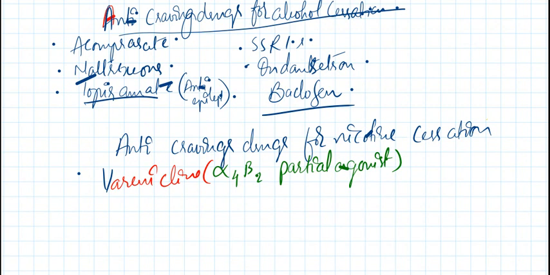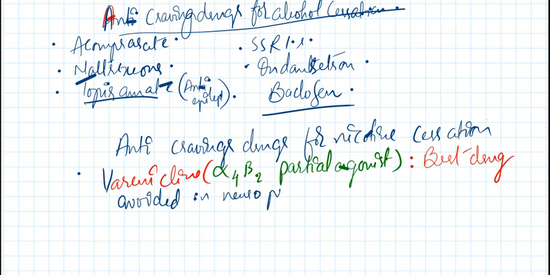Now for smoking cessation, varenicline is the best drug. Now what is the condition in which varenicline is avoided? It is avoided in neuropsychiatric symptoms.